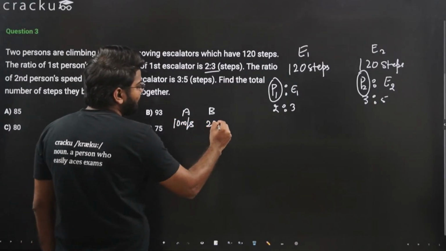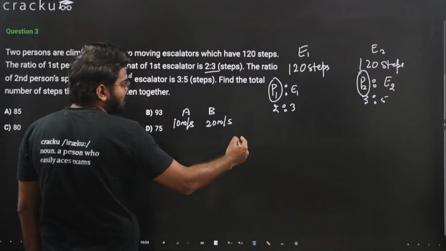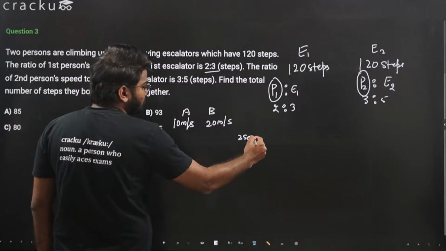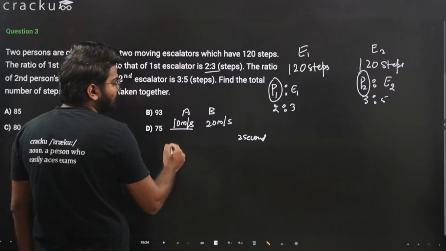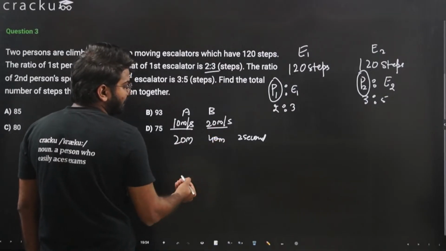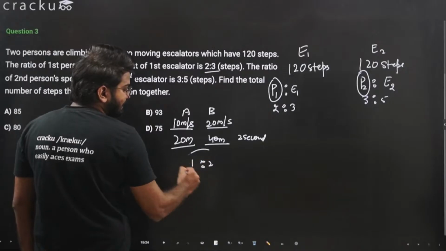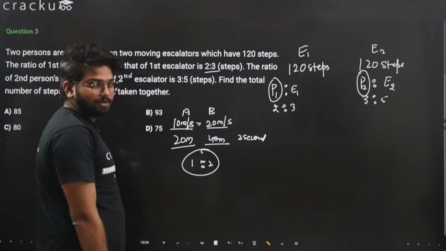B's speed is 20 meters per second. And if the time is fixed, let's say time is 2 seconds, A will cover 20 meters in 2 seconds, B will cover 40 meters in 2 seconds. If you calculate the ratio of this, that is 1:2, that is again equal to the ratio of their speeds.